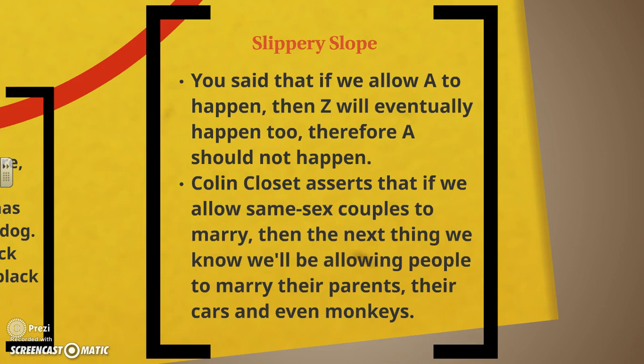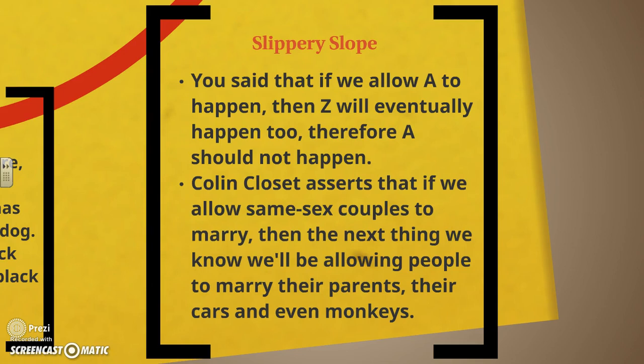The example here: Colin Closet asserts that if we allow same-sex couples to marry, then the next thing we know we'll be allowing people to marry their parents, their cars, and even monkeys. So it's that generalization and idea that if we move from one to the other, we shouldn't allow same-sex marriage to happen, because we're jumping to those conclusions.